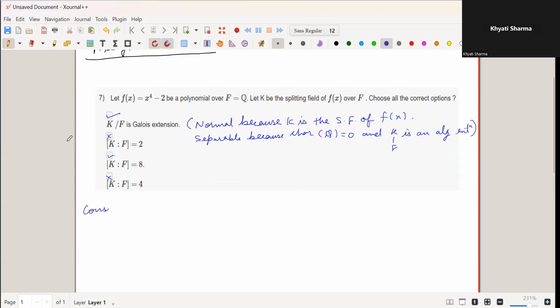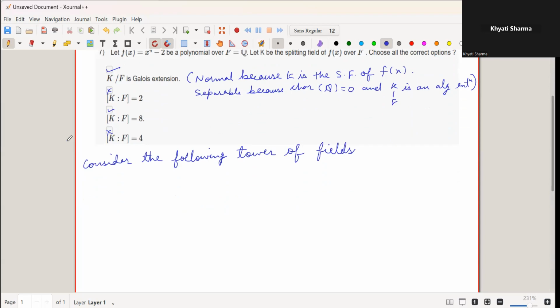Consider the following tower of fields. K is the splitting field.